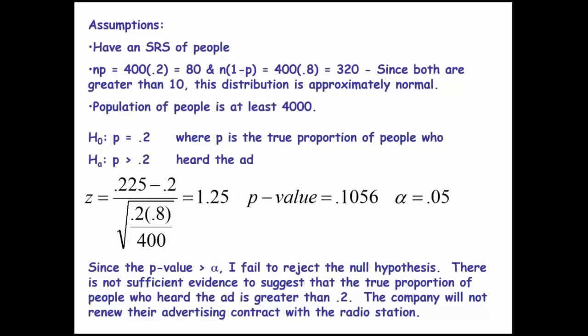So even though the sample proportion was above 20%, it wasn't far enough away from what was expected for it to be statistically significant, especially with a p-value of 0.1. So in other words, they're doing a good job, but they didn't do a good enough job to continue the contract.